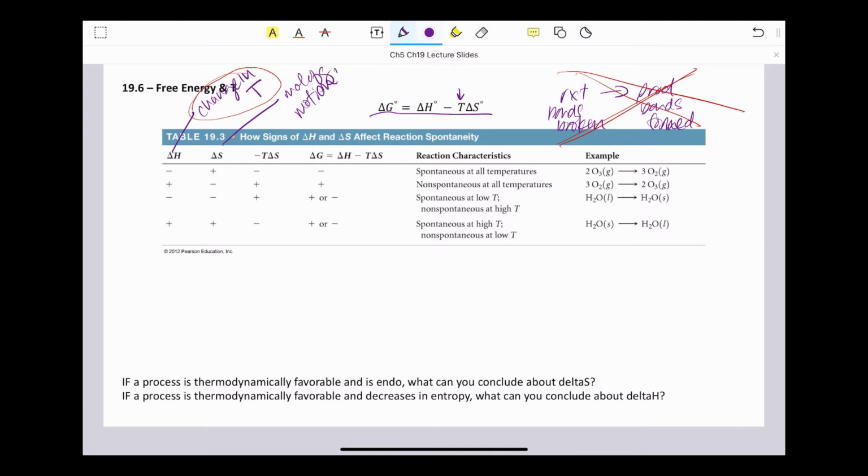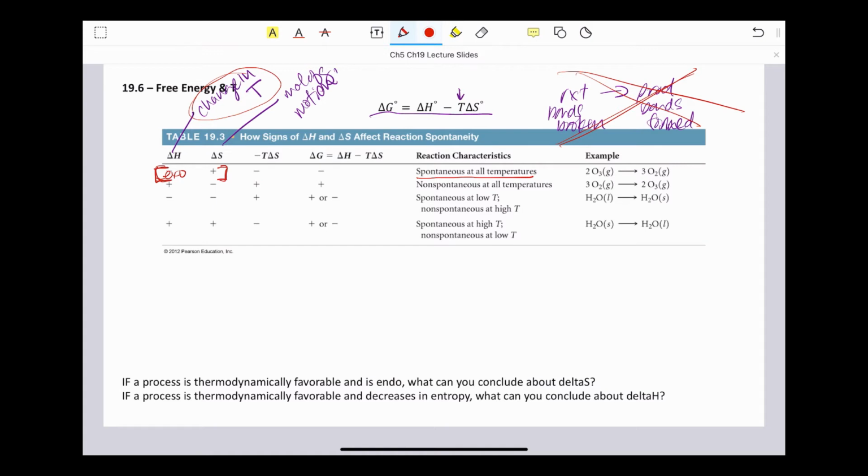All right, so analyzing the table and thinking through that, we have this scenario where a process is spontaneous at all temperatures if delta H and delta S are both favorable. Favorable meaning thermal energy is released, so it's exothermic, and it has a positive delta S, meaning its entropy is increasing.